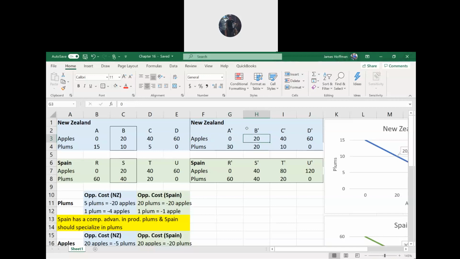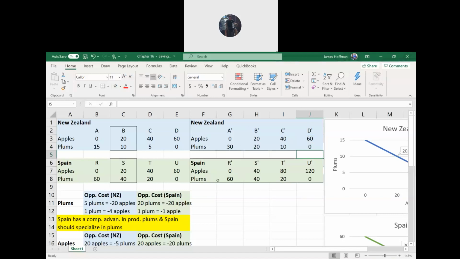Here they're trading 40 apples. Here they're trading 20, and here they're trading 0. And the formula basically says the exchange rate, which is a half, all right, one plum equals half an apple, and then what they decided to trade away, which is 60, minus what they currently have left.